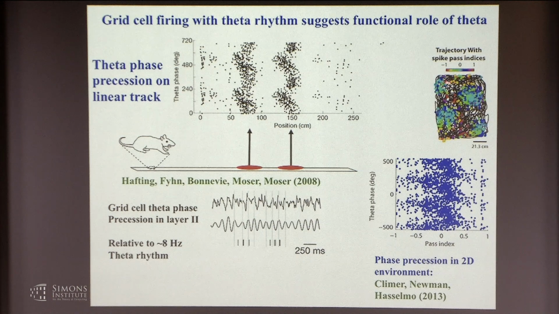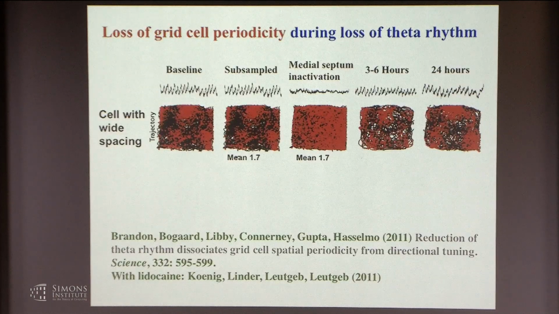And it's also been shown, this is data that Jason Climer did in my lab, where we had the rats running through two-dimensional firing fields, and he still saw theta phase precession for grid cells. And this connects with data that we had a number of years ago from Mark Brandon, showing that manipulations that affect theta rhythm affect the spatial periodicity of grid cells.